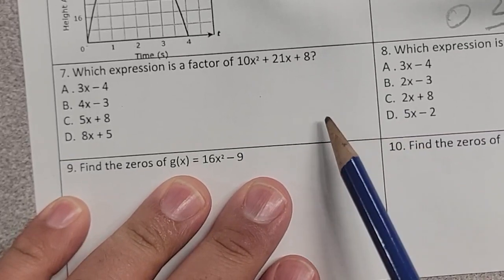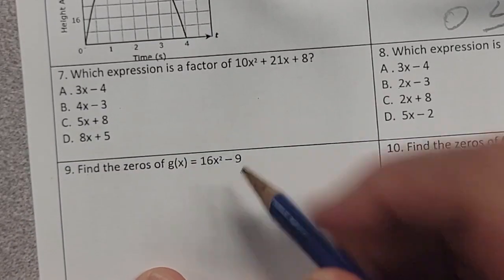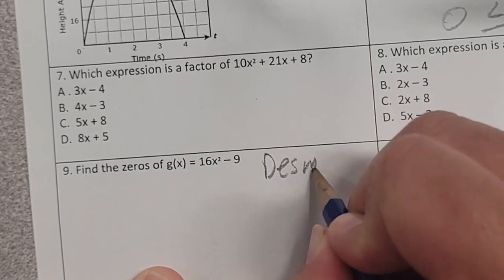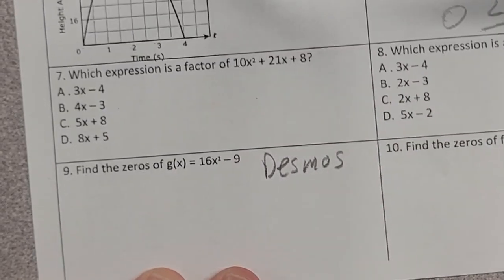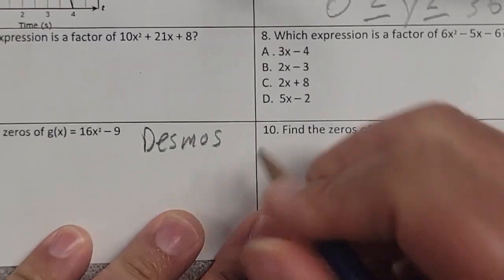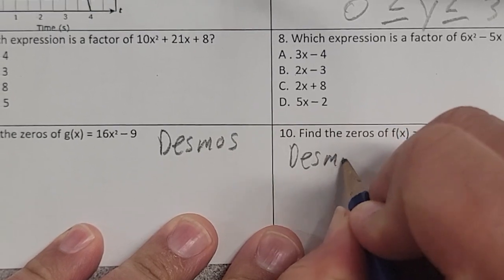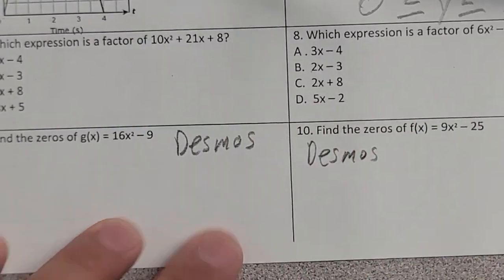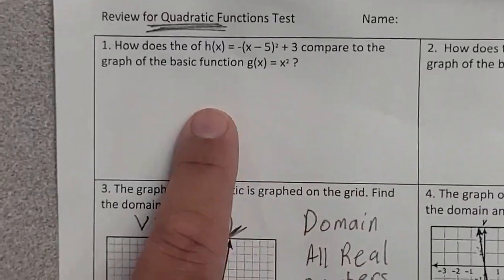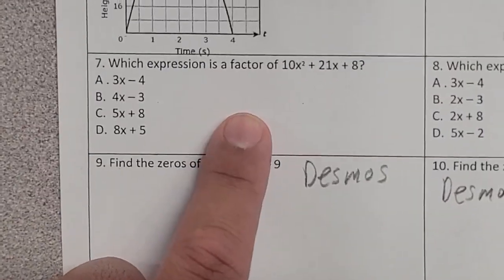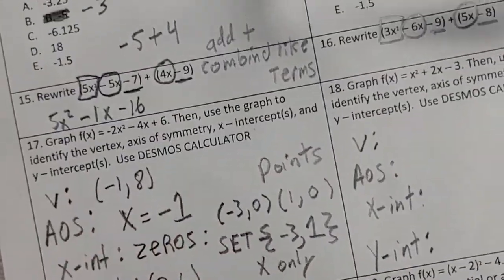I'm gonna do that one with you. This one's just Desmos. All right, this one's Desmos. I'm gonna do this one with you here. And is that all? Oh, right here, last one.